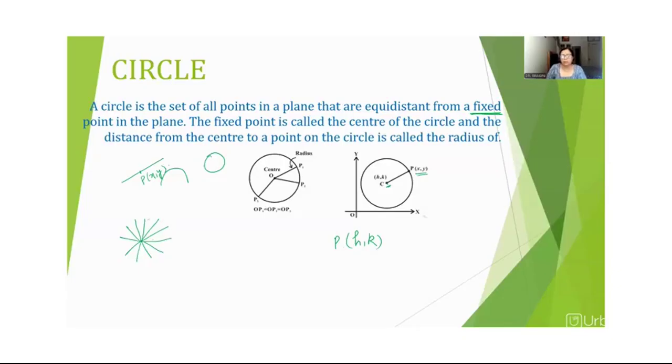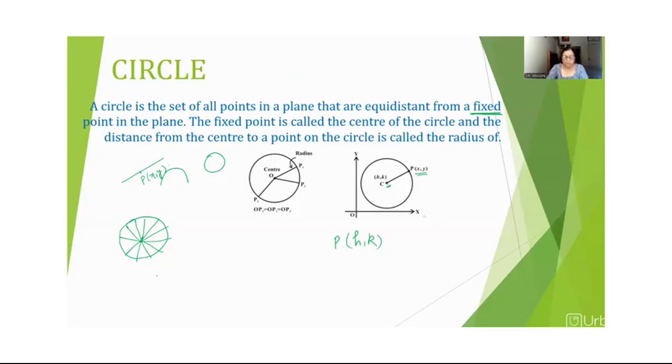There will be infinite, right? A set of points in a plane that are equidistant from a fixed point. Now this is a fixed point, and all these points, I have just drawn them randomly. Let's say this is 3 centimeters with a few points which are at a distance of 3 centimeters. Now you collect them, combine them, you will get a circle, right?